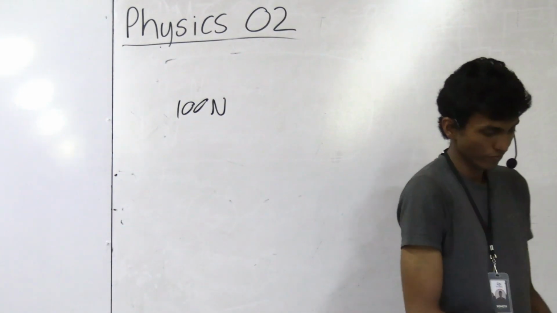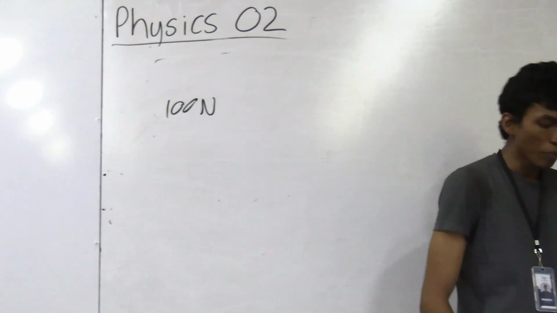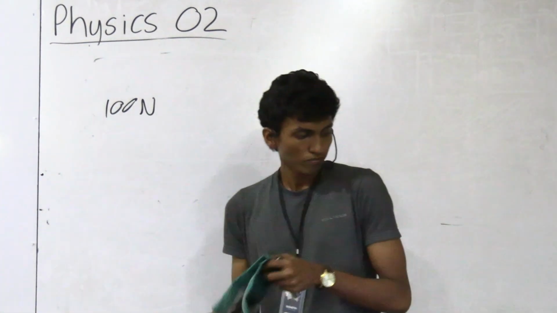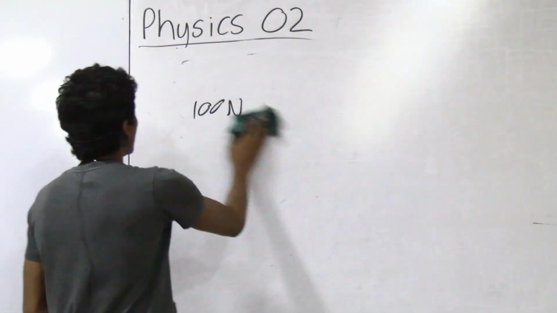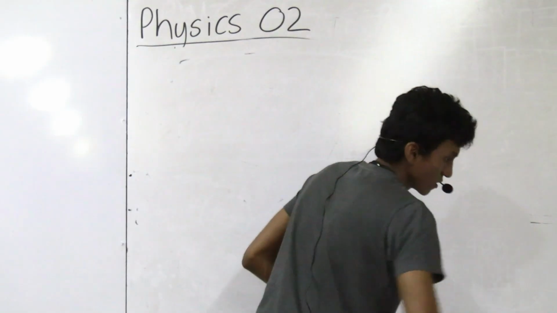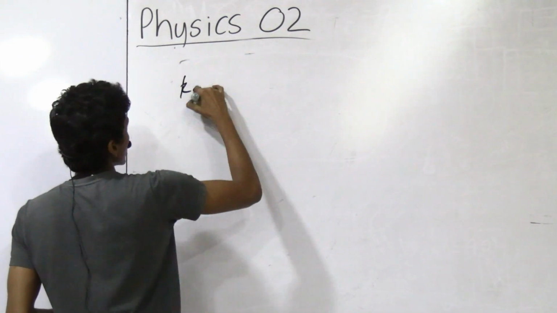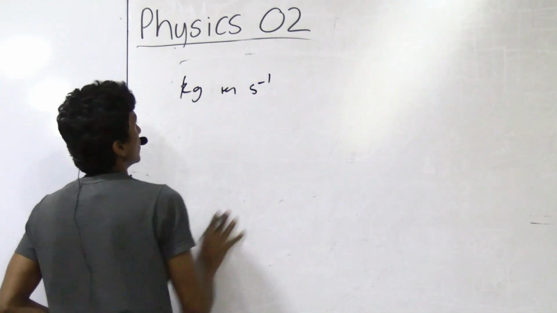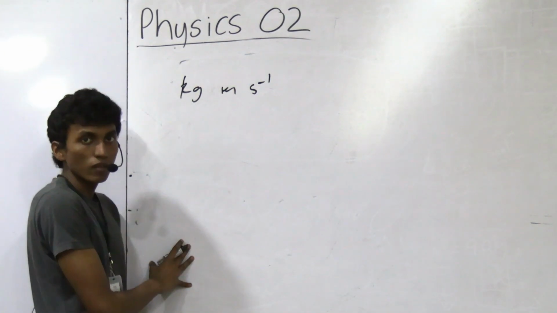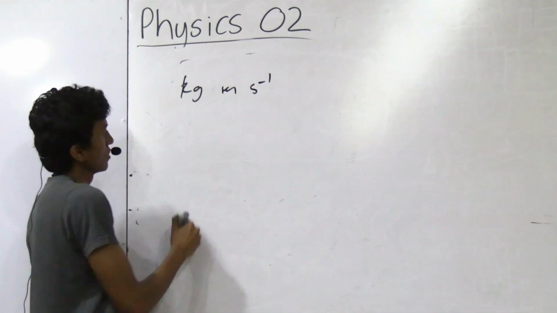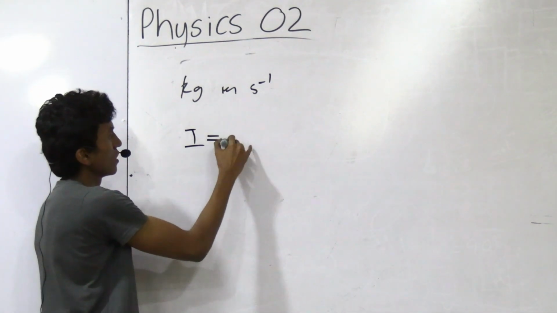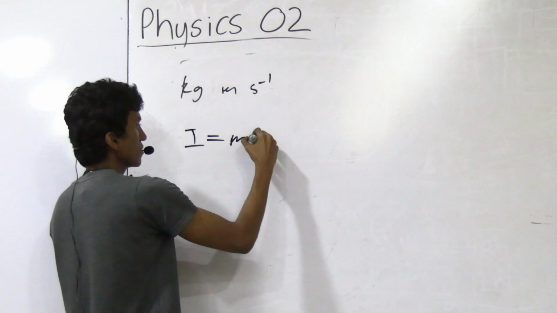Answer number 2. Question number 9. The unit of momentum is. So we can straight away say that is kilograms meters per second, if you can remember it. But if you cannot, you can remember the equation momentum is equal to mass into velocity, right?